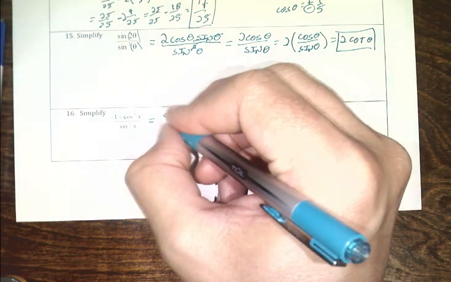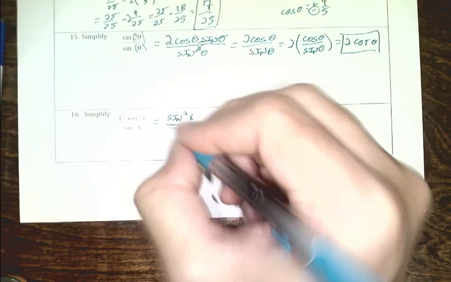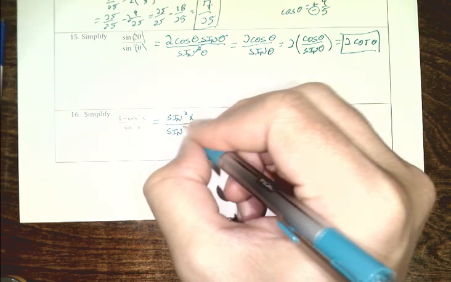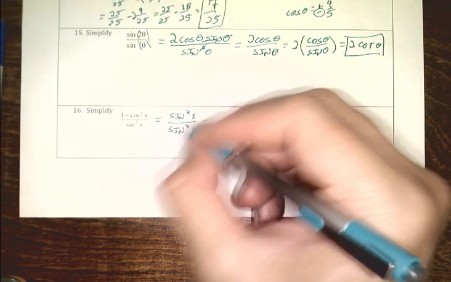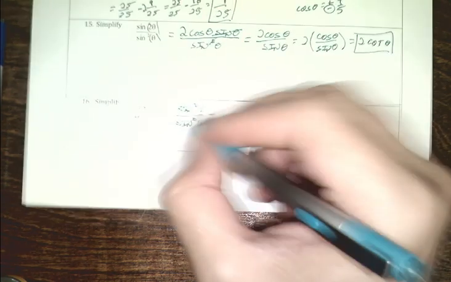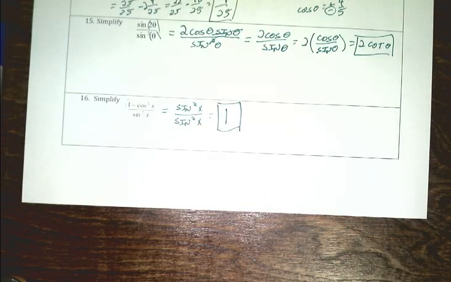And there is. 1 minus cosine squared is equal to sine squared x. Bring this one over, sine squared x. And that's just sine squared x over sine squared x, the same thing over the same thing. They would cancel each other out, leaving just 1.